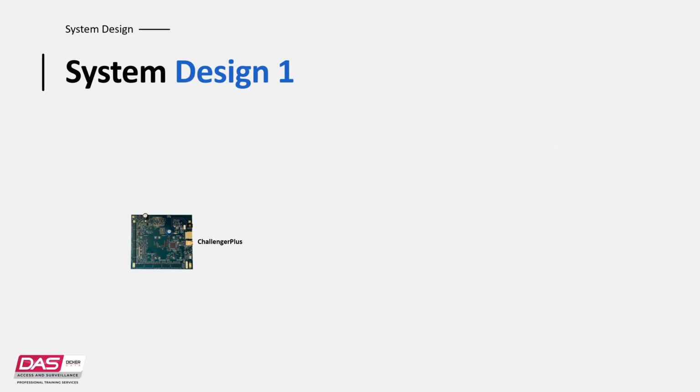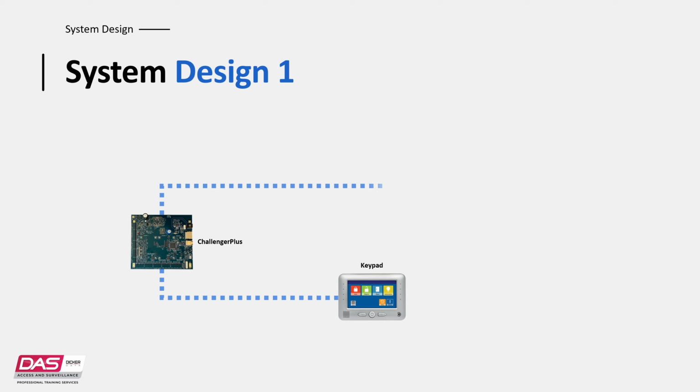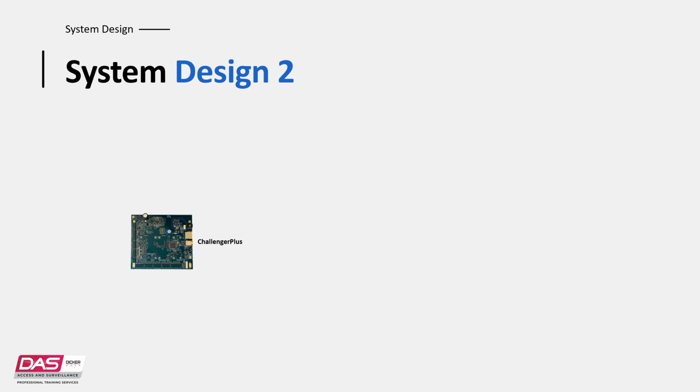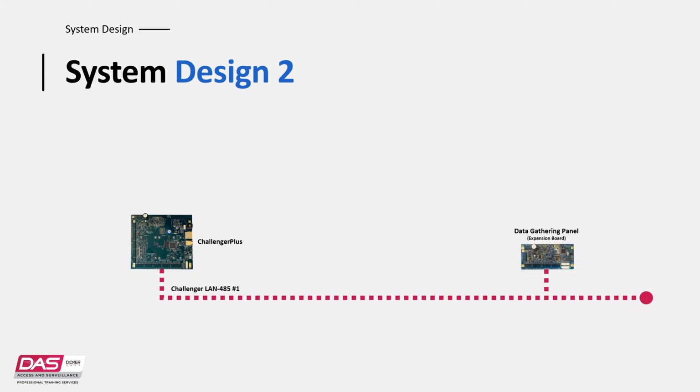Let's take a look at how it could be designed for a site. Starting with something small where the ChallengerPlus onboard capabilities are sufficient for the site. As you can see, you have the ability to add remote arming stations or keypads and sensors such as passive infrared sensors, PIRs, directly to the ChallengerPlus, creating a basic system. As you progress into larger sites, you may need to expand the ChallengerPlus onboard capabilities, or you may want additional modules to help with how you position and run cable to the area.